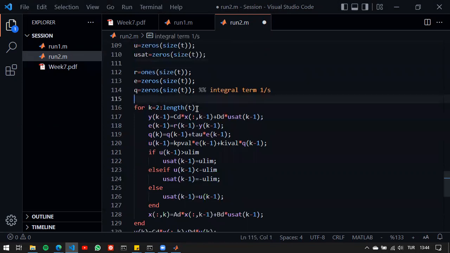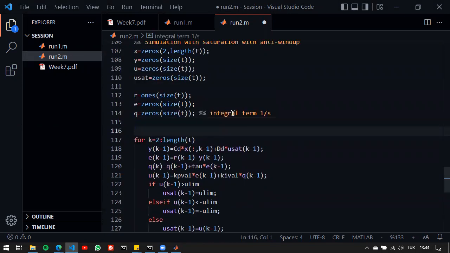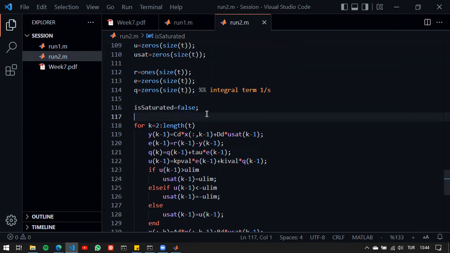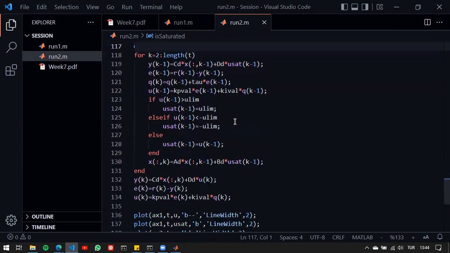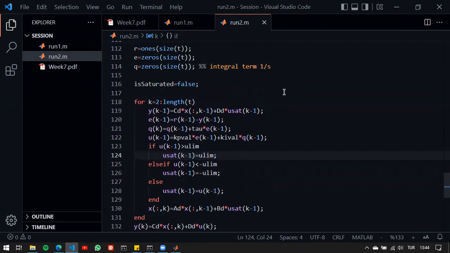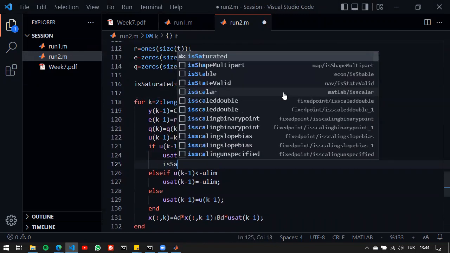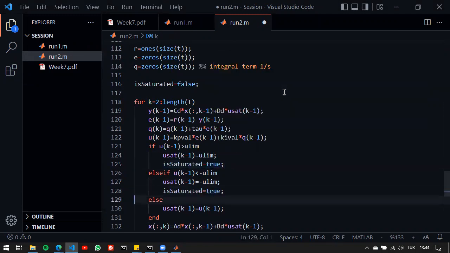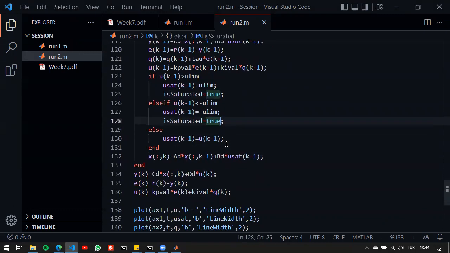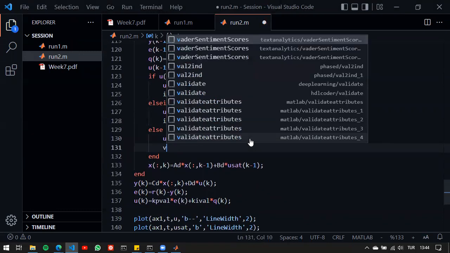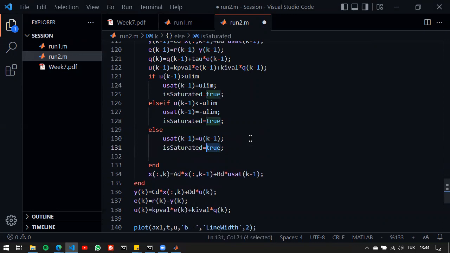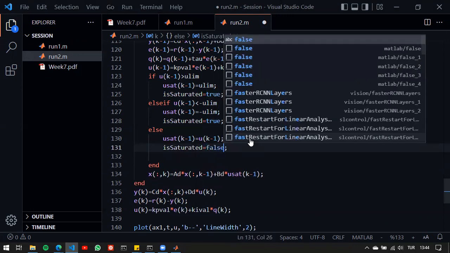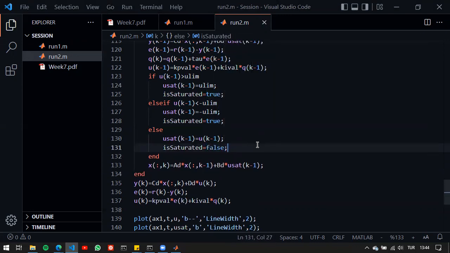Now, what we can do is define a flag, for example, isSaturated, and define it false. And once we are entering this if case here, isSaturated should be equal to true. And this is also the case if we enter this here. Otherwise, we should set it to false because we are in between the limits. So it should not cause any problem.